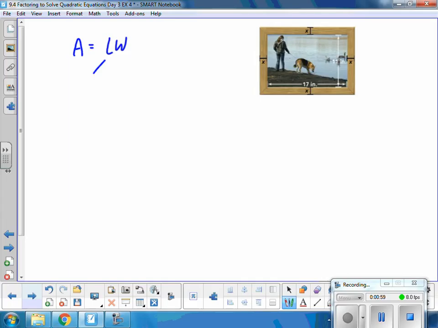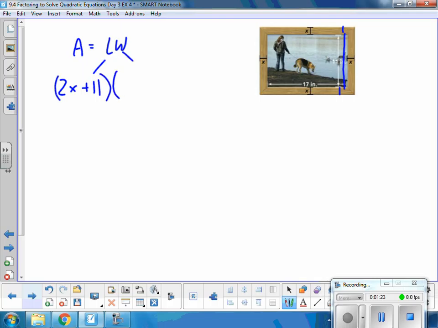The length of the whole thing is going to be, I've got the 2 x's, including 11 inches. So that's right here. That's my 2 x's and my 11 inches. And then, because it's area, I'm multiplying that by the width.